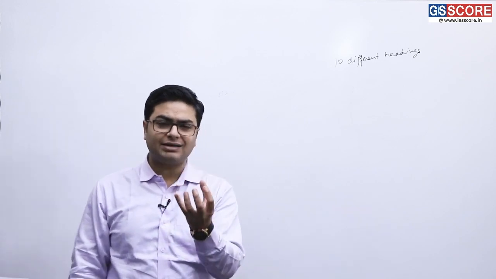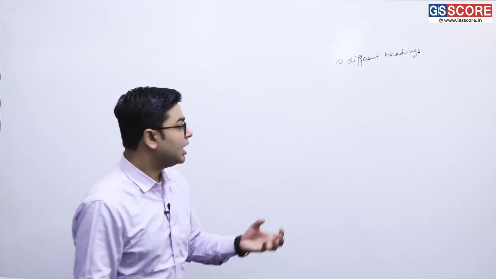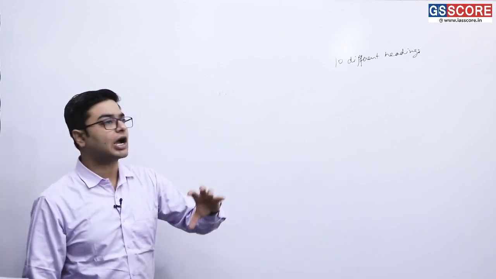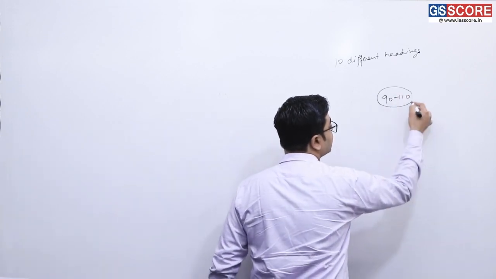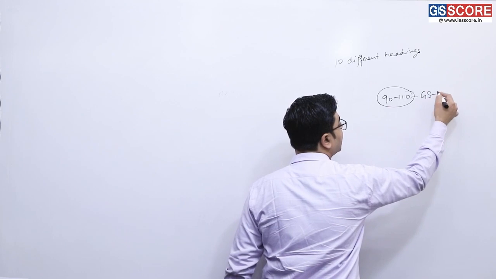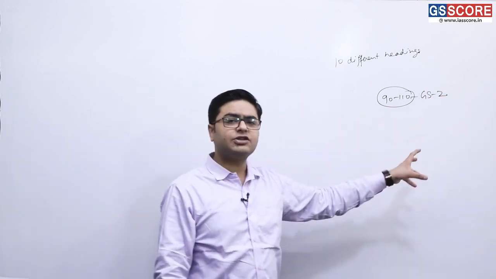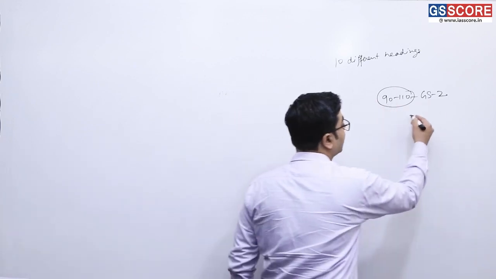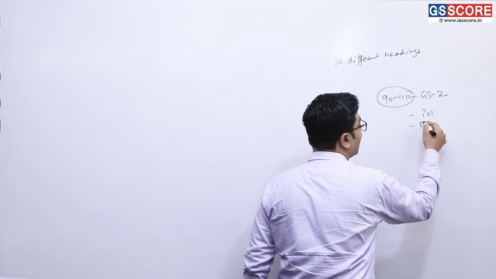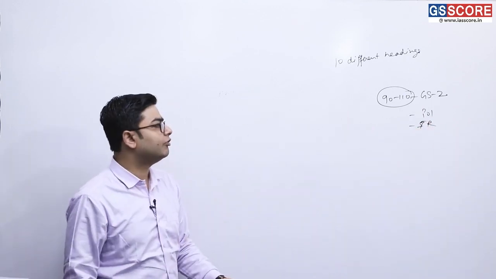Also, if we look at the value of the subject and the emphasis, governance and social justice accounts for 90 to 110 marks in GS Paper 2. Why am I giving a range? Because a similar pattern comes for polity, and about 50 marks for IR. So that is largely GS Paper 2 for you.